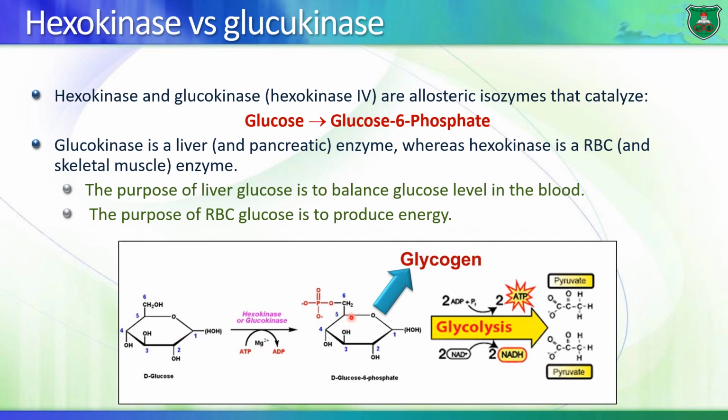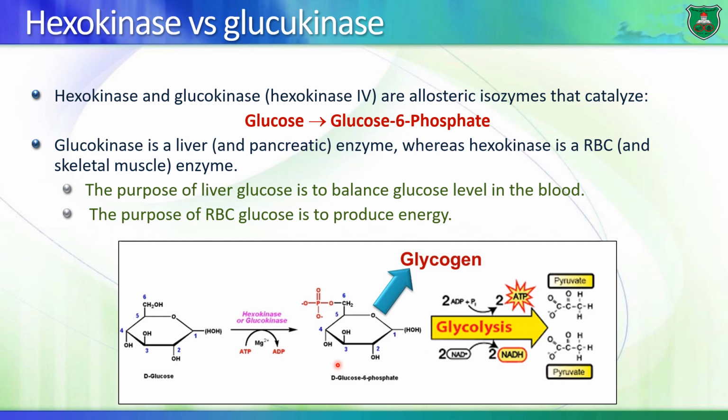So why is this reaction important? Well, once you have glucose 6-phosphate, the cell can decide what to do with it. If it needs energy, it takes it through glycolysis so that it gets converted to pyruvate, and then you have production of energy, whether it is aerobic or anaerobic metabolism.